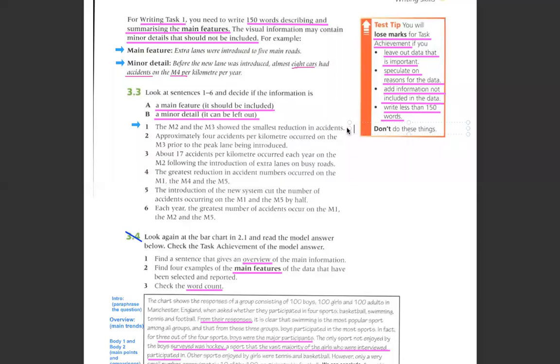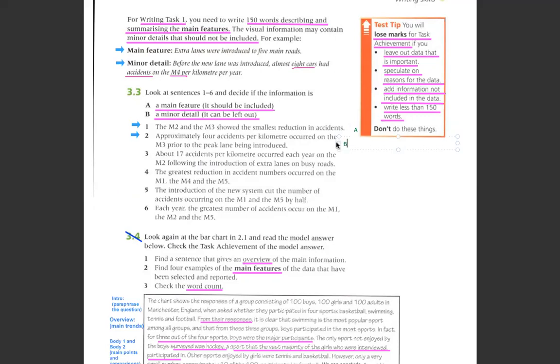All right, so this is a main feature. So this gives us important information about the graph, and we should include this. What about the next one, number 2? Right, this is B, a minor detail.